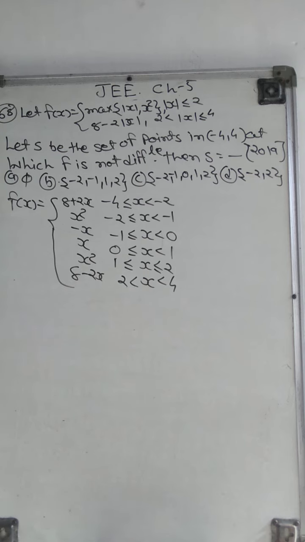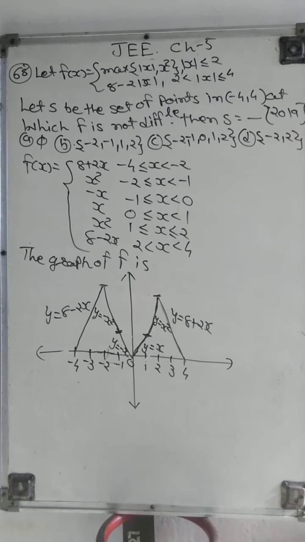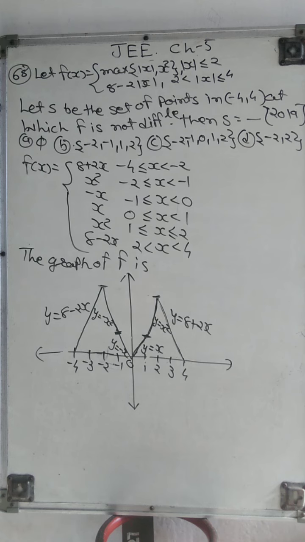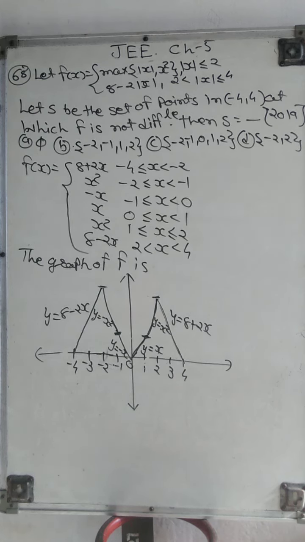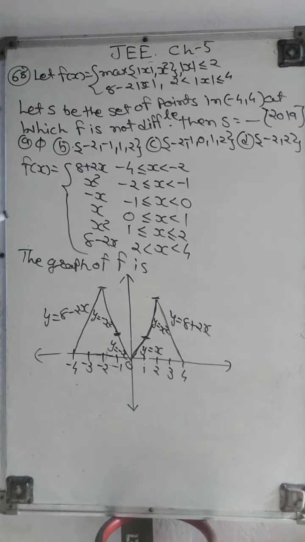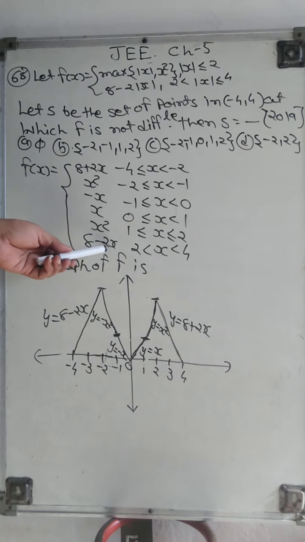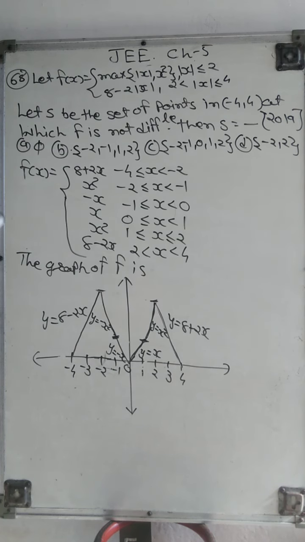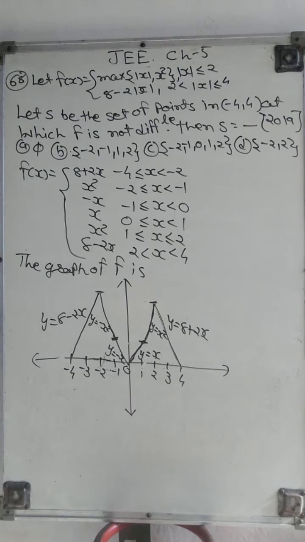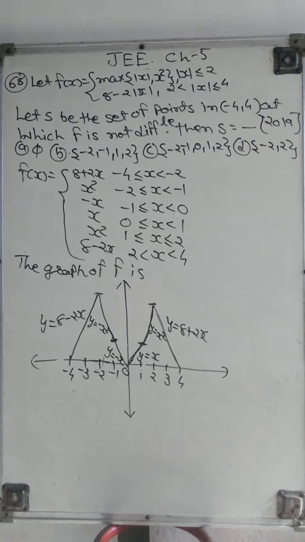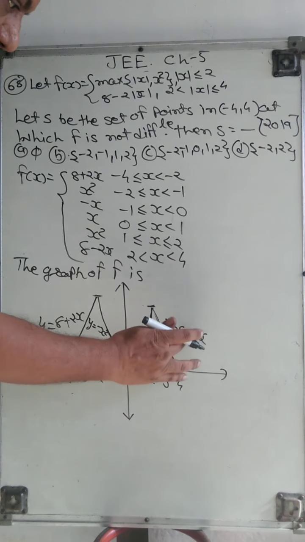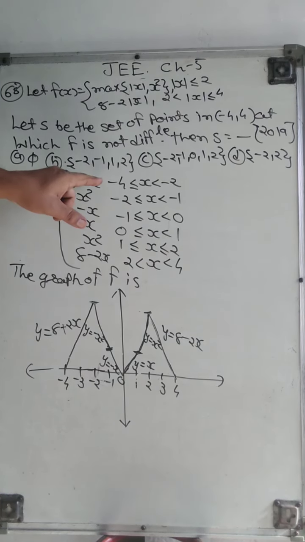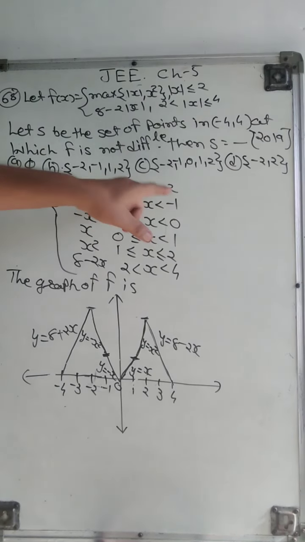It is a very easy way to find out. So according to the graph of this function, first, the 8 plus 2x graph is here and this is the 8 minus 2x graph. First, the 8 plus 2x graph is between minus 4 and minus 2.